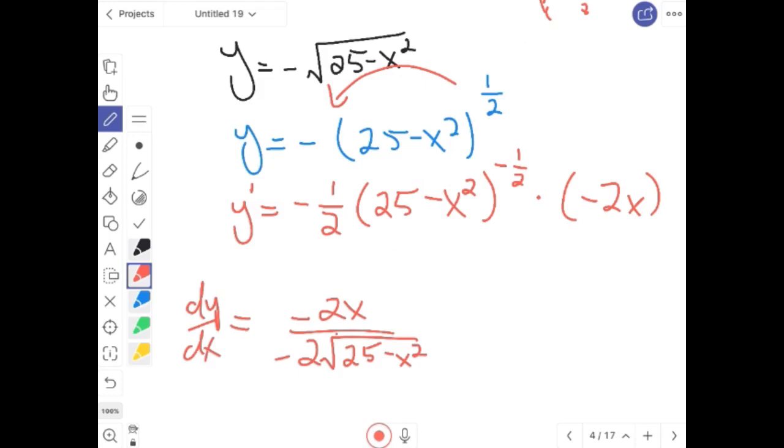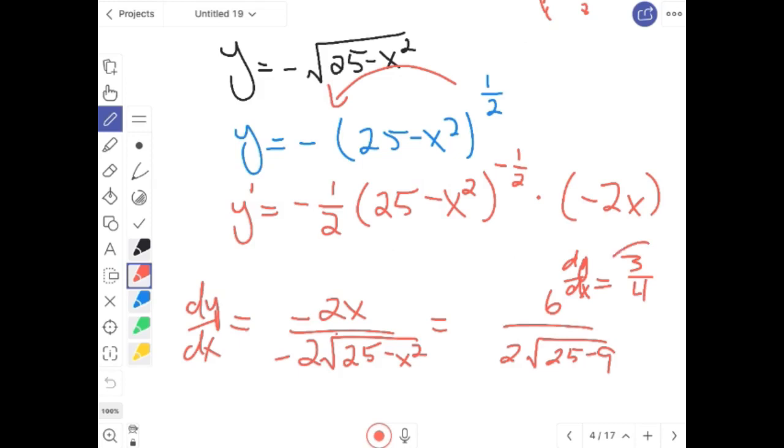If I plug in that 3, I'm going to get 6 over 2 square root of 25 minus 9. That is square root of 16, 4, times 2 is 8. So my dy dx at that point is going to be 3/4.